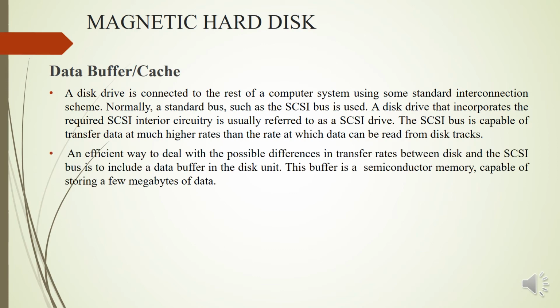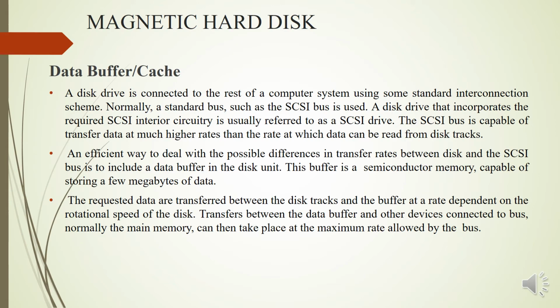An efficient way to deal with the possible differences in transfer rate between the disk and the bus is to include a data buffer, which is one of the units related to the magnetic hard disk. This buffer is a semiconductor memory capable of storing a few megabytes of data.